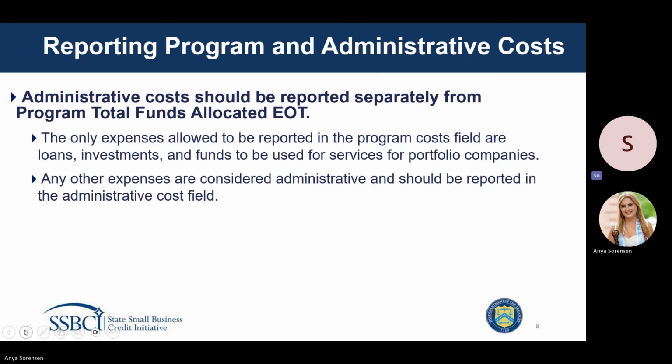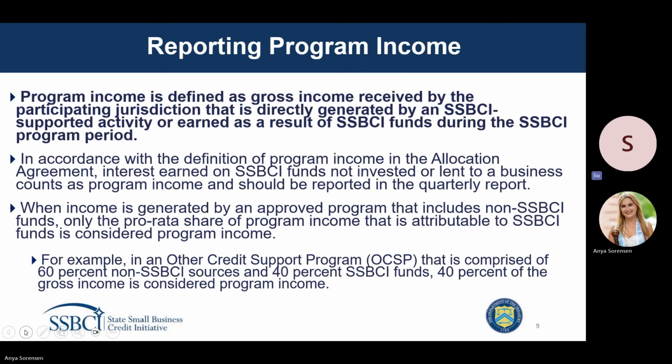Moving on to the next slide on reporting program income. Program income is defined as gross income received by the jurisdiction that is directly generated by an SSBCI supported activity or earned as a result of SSBCI funds during the program period. Interest earned on SSBCI funds not invested or lent to small businesses counts as program income and should be reported in the quarterly report.